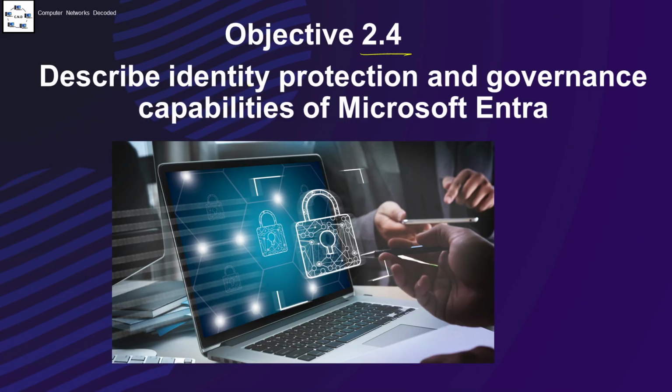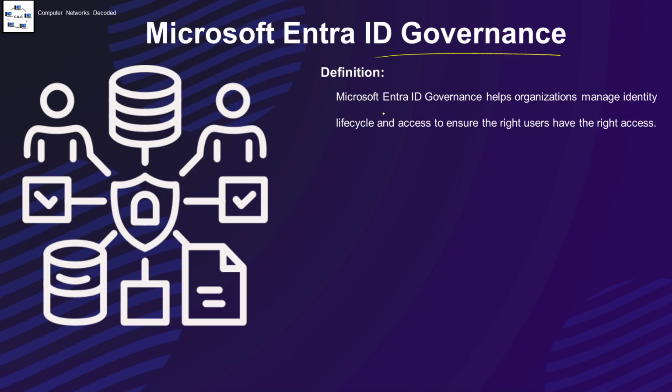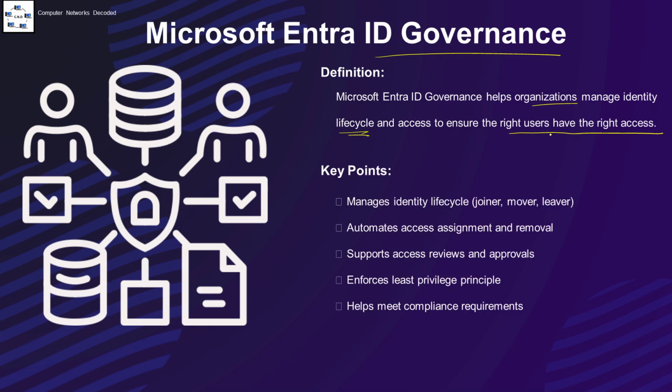Objective 2.4: describe identity protection and governance capabilities of Microsoft Entra. Microsoft Entra governance helps organizations manage identity lifecycle and access to ensure the right users have the right access.